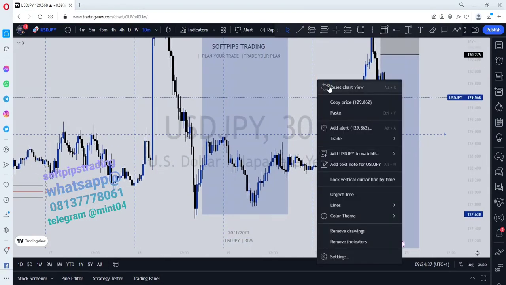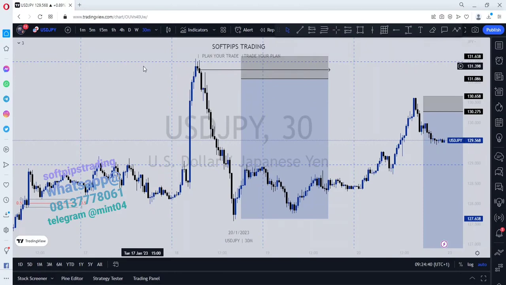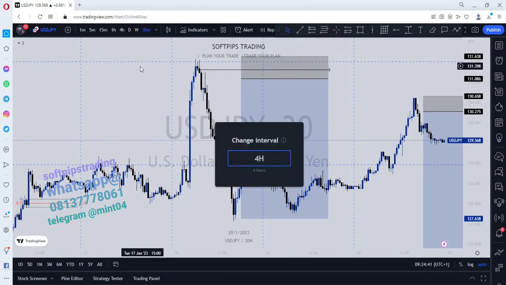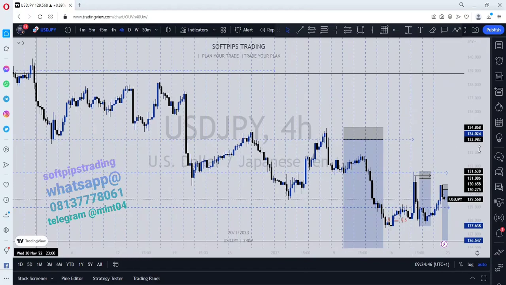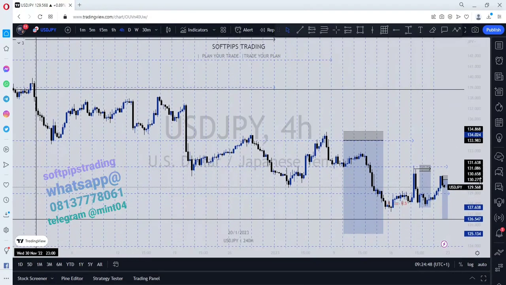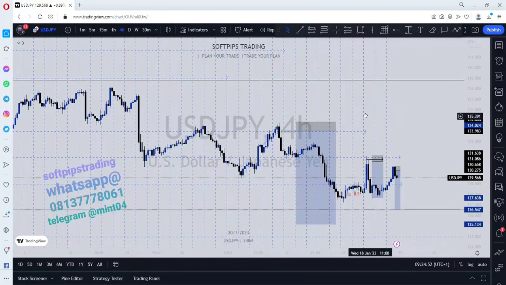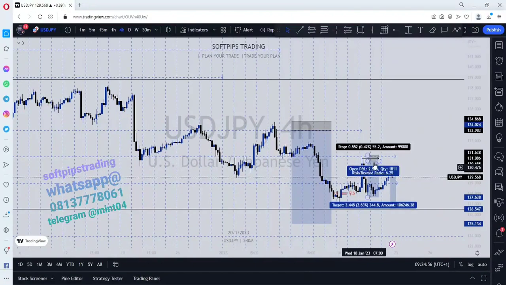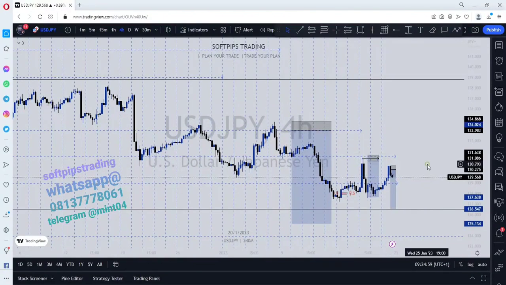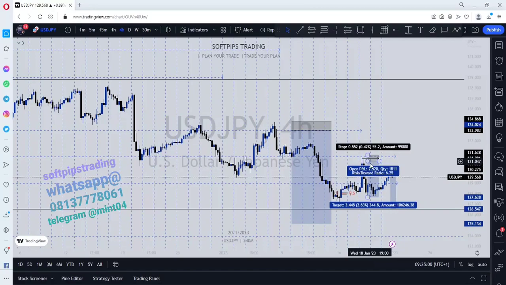Let me reset my chart. 4 hours. It was on GJ that we had the loss. On this, price didn't really get to this POI. I was looking and waiting for price to get to this POI, but they didn't get to it.